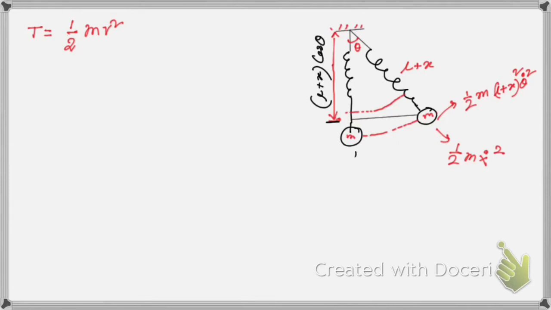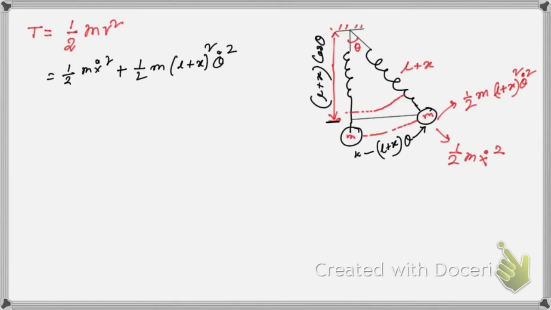Here the displacement is L plus X theta, the length of this arc. So we have got the tangential component as this half m term. This is the kinetic energy along which the extension is taking place, and the tangential component is this.